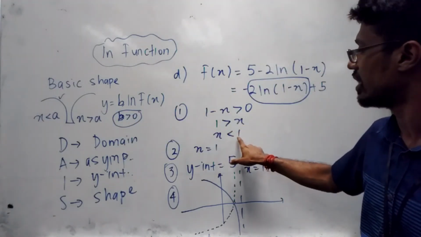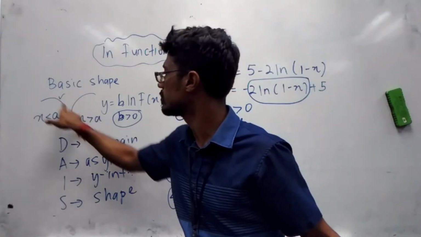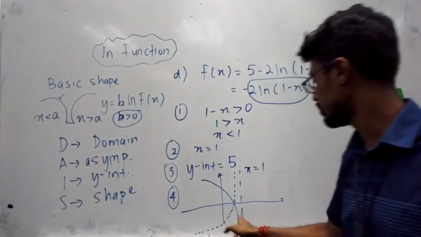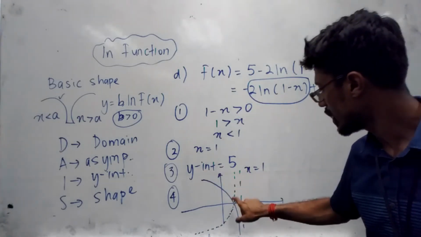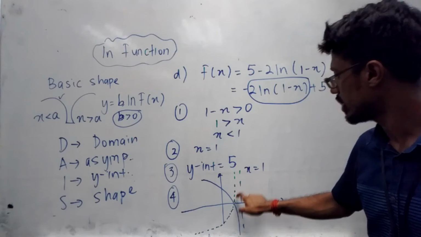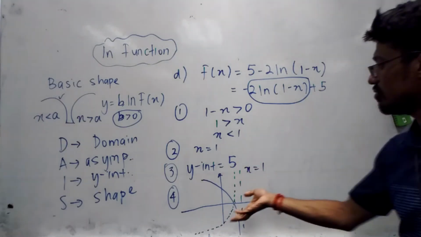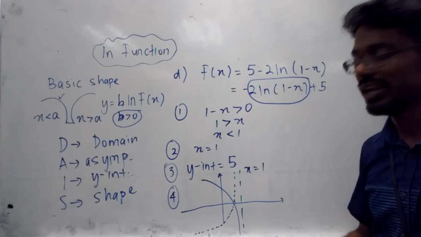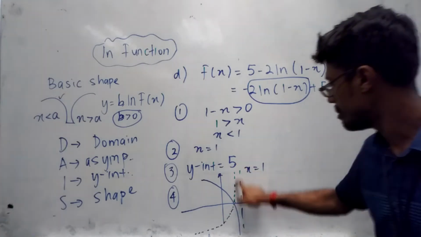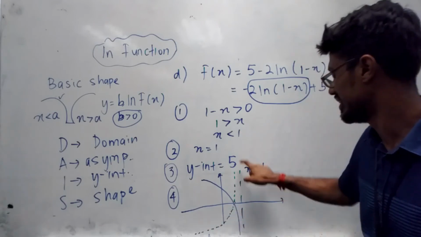Because x less than 1, I follow this shape, so I draw this shape. There is a negative in front, so this part I reflect and get this. Plus 5 means you just pull it up by 5 units. That doesn't do any harm to our shape. Our shape is still like that.